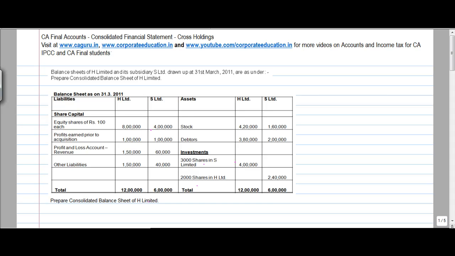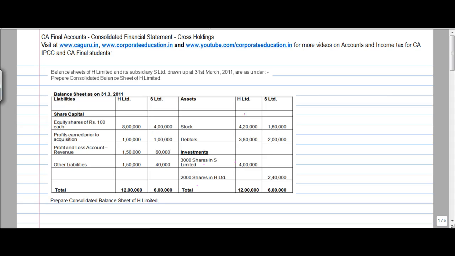Okay, so let us take a question today on consolidated financial statements. What we deal with here is basically cross holdings.